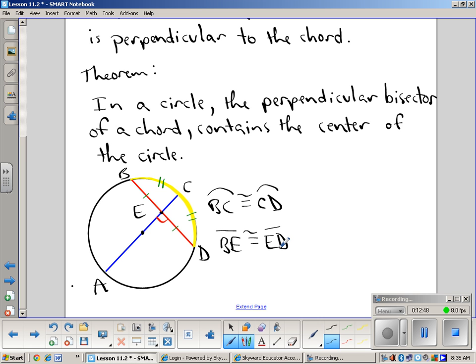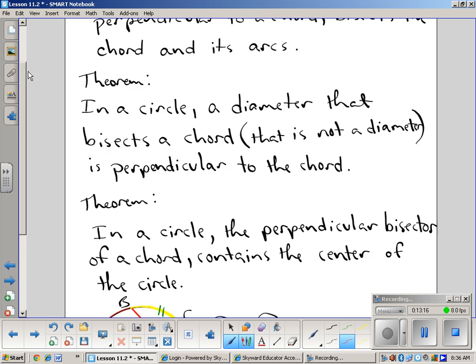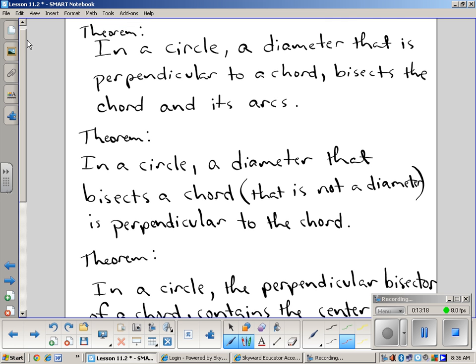By the way, if you've not practiced labeling arcs, remember, if it's a minor arc less than 180 degrees, you can use 2 letters. Okay? If it's a major arc, which would be the other end of this, let me go red, I guess. And you notice in the wording it says, and its arcs. Okay?